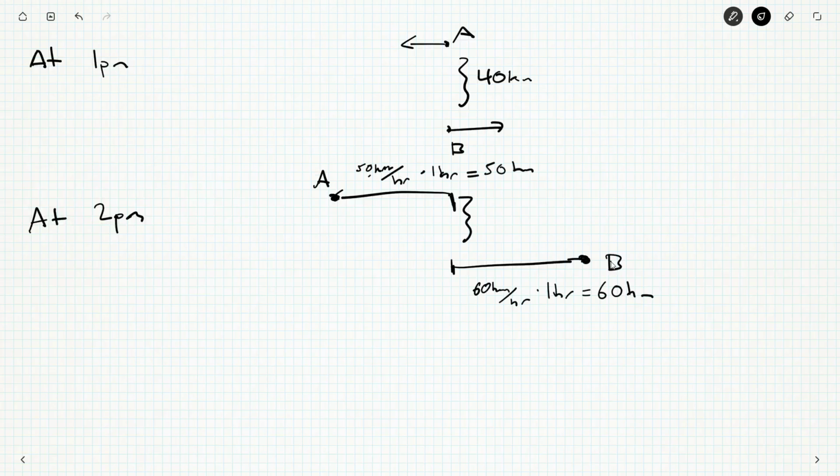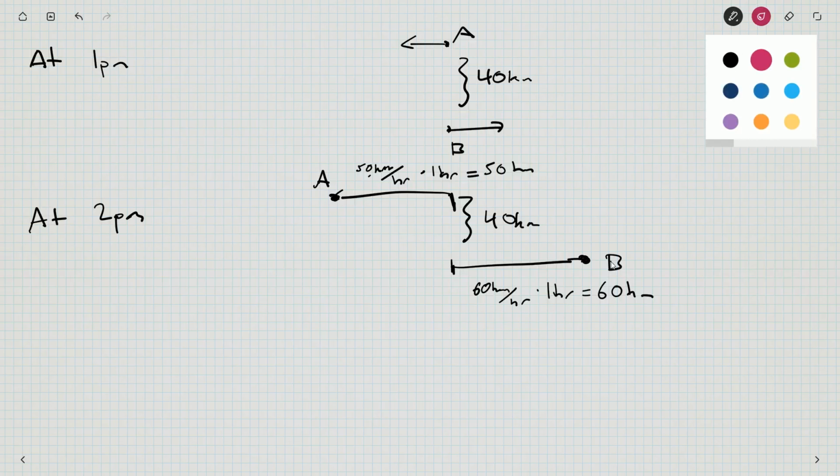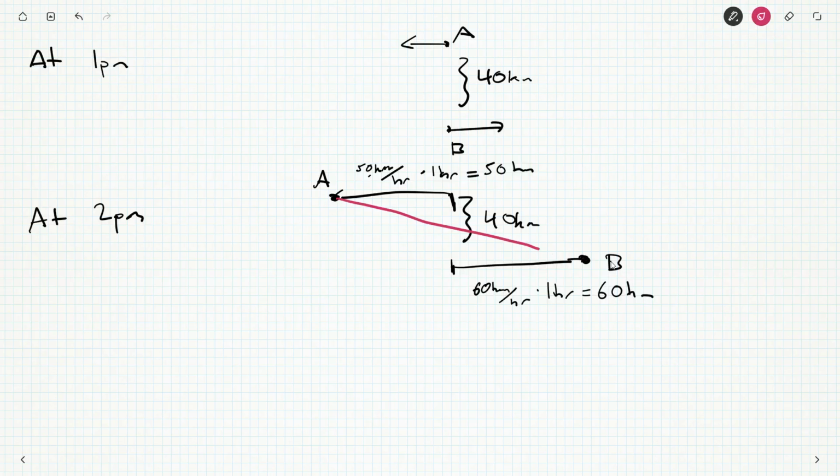Now, since they're traveling due east and due west, they haven't changed their vertical height on the map. So we still have 40 kilometers here. And what do we want? Well, we want the distance from A to B. North, south, east, and west, by the way, are perpendicular to each other.